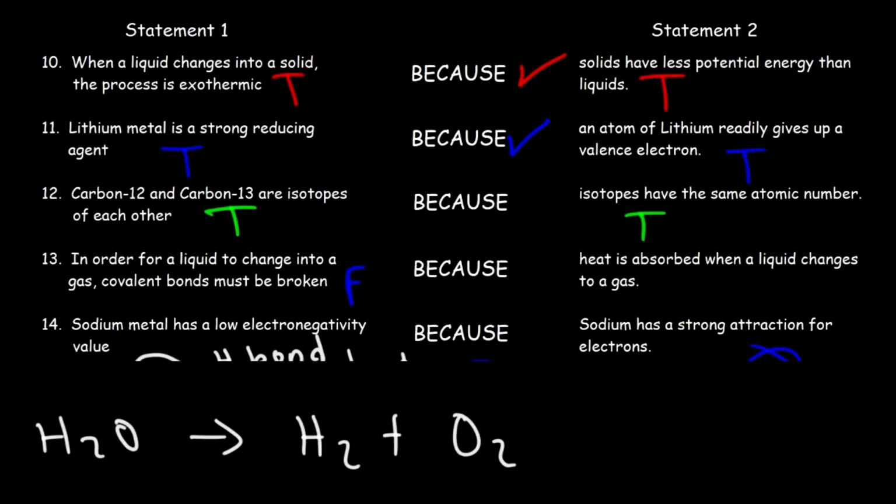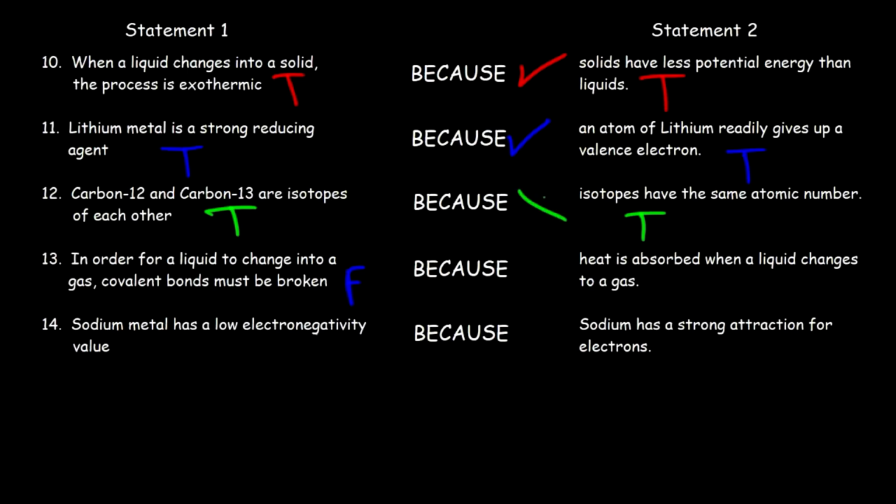You're changing water into a completely different substance, like hydrogen gas or oxygen gas. In that case, that's when the covalent bonds will be broken. But if you're going to boil a liquid into a gas, you're not breaking a covalent bond. The chemical identity of the substance is not changing. So it's not a chemical reaction, it's a physical reaction.